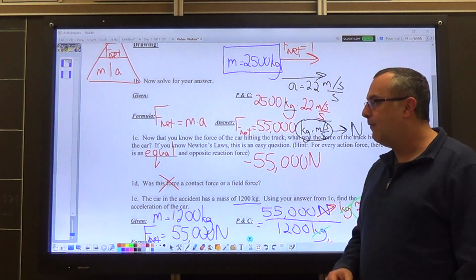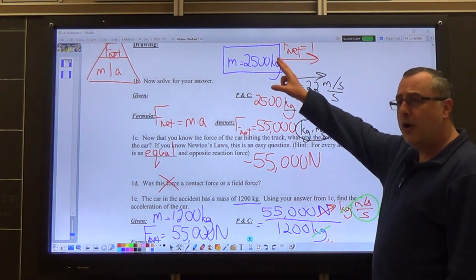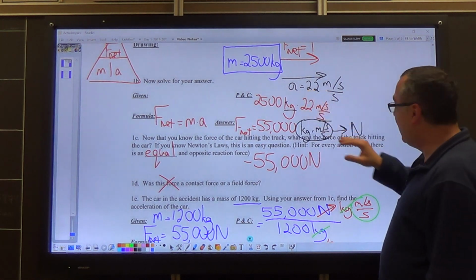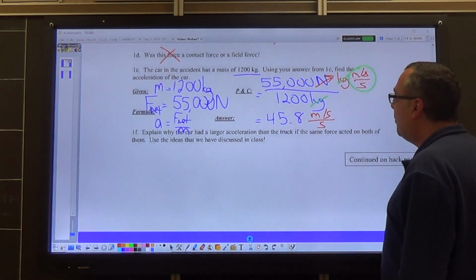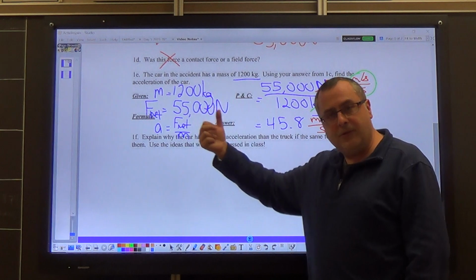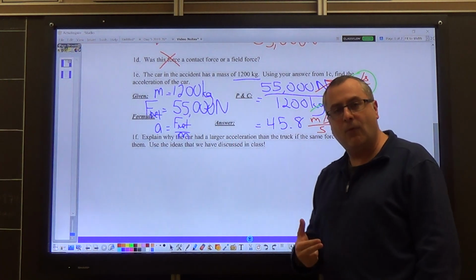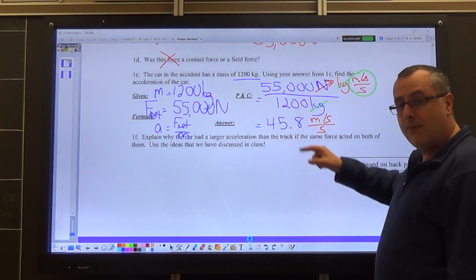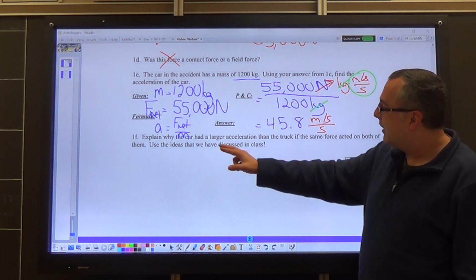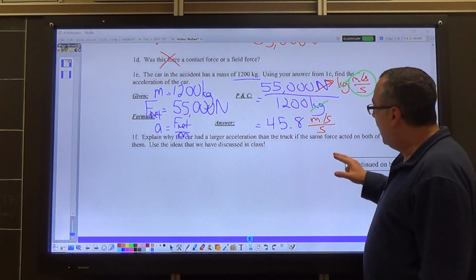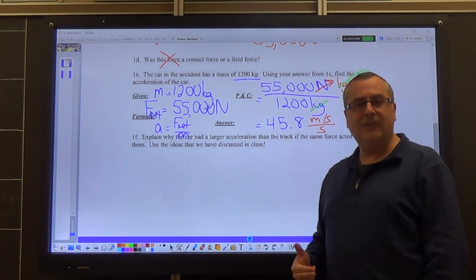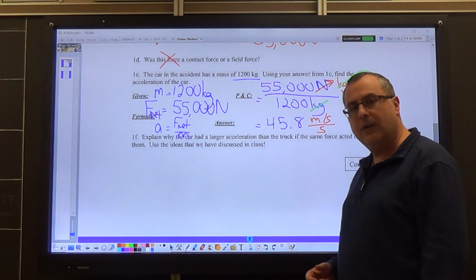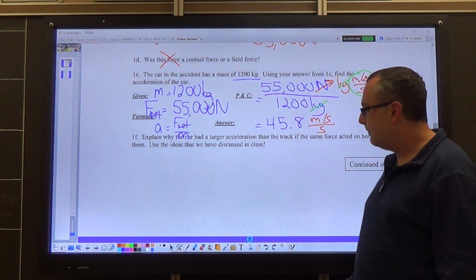So when you put the same force on both objects, the larger mass is going to have a smaller acceleration, in this case of 22. But this smaller mass, it's easier to accelerate. So when you put the same force on it, it'll accelerate more quickly. And it has a larger acceleration of 45.8. So basically what we're looking at here is the smaller mass is easier to accelerate, and therefore the same force caused a larger acceleration. That's why the accelerations are different.